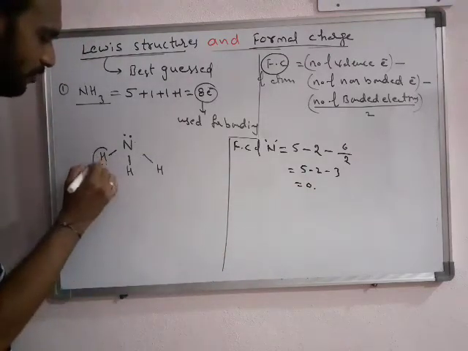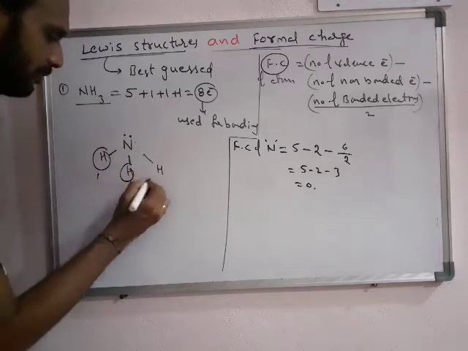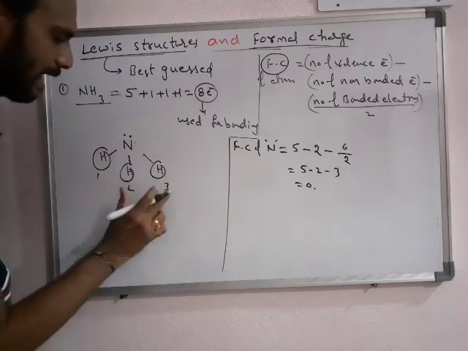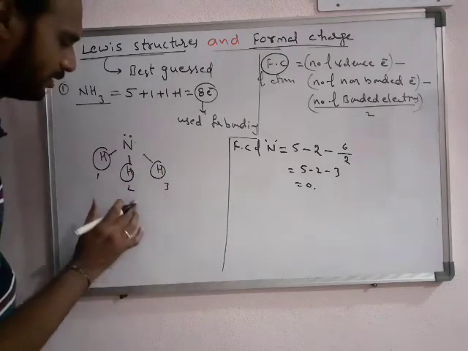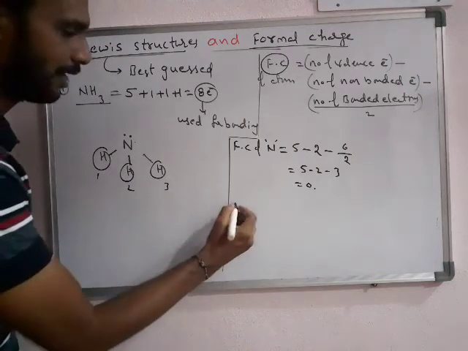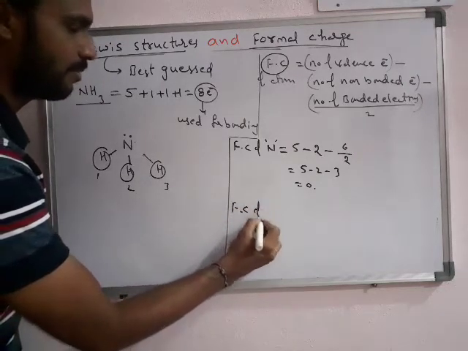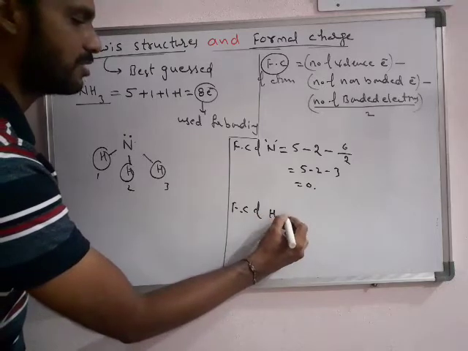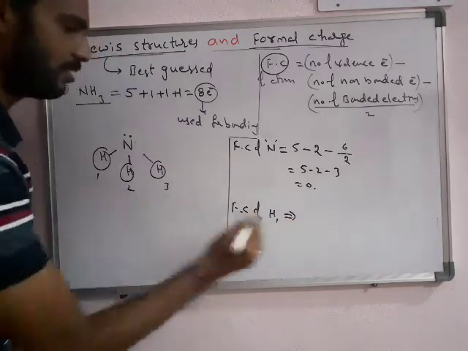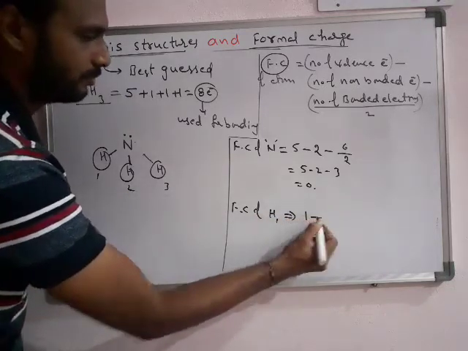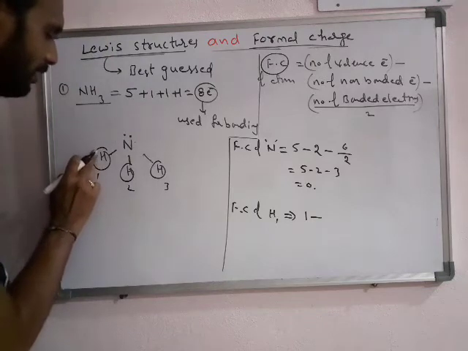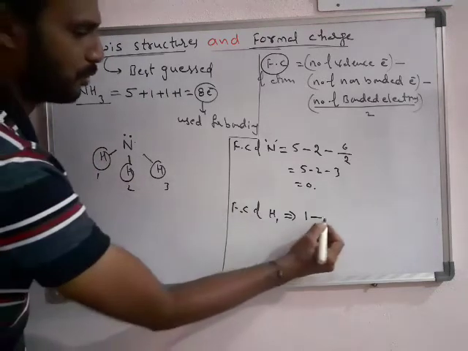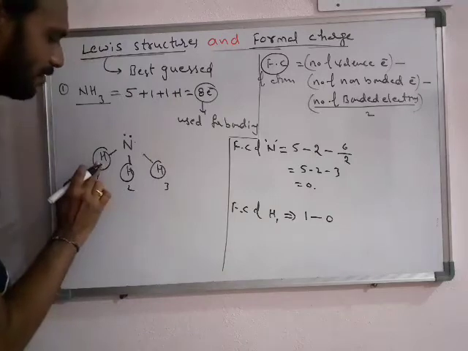Now we calculate for the first hydrogen. The total of 3 hydrogens are there, all having a similar structure. This is the formal charge of the first hydrogen. What are the valence electrons in it? 1. Are there any unbonded electrons? No unbonded electrons. How many bonds does it have?